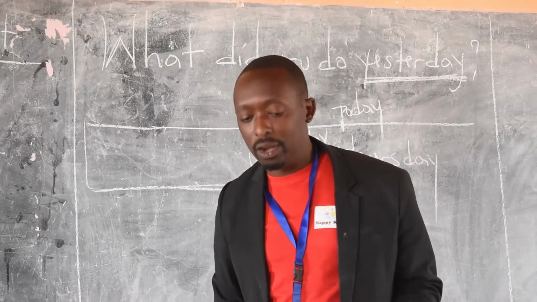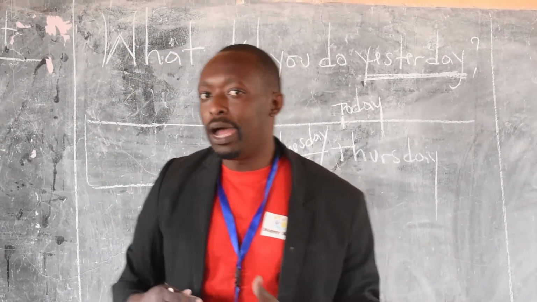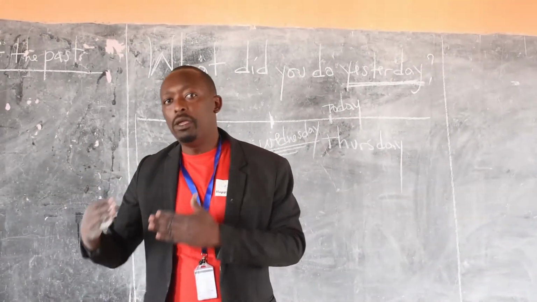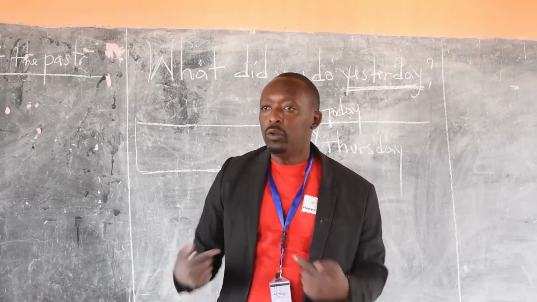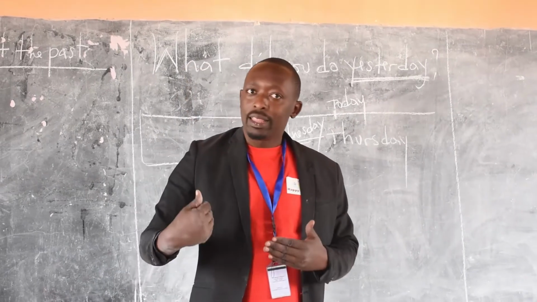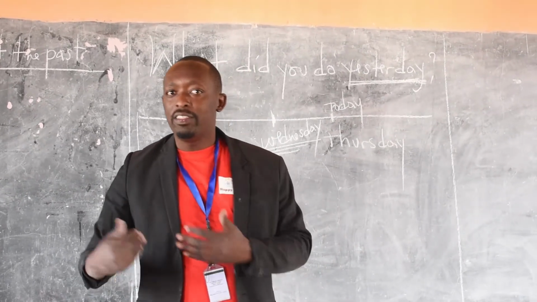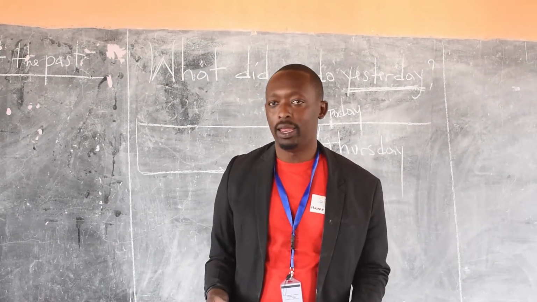Okay, good. Do you understand? When we are talking about the past, we refer to the time before today. So if today we are on Thursday, then yesterday is the past, because yesterday comes before today.